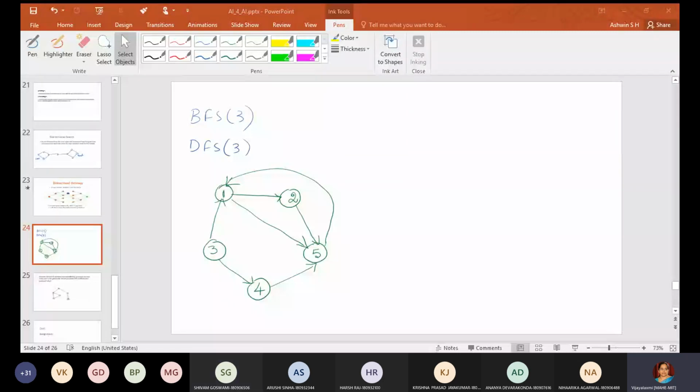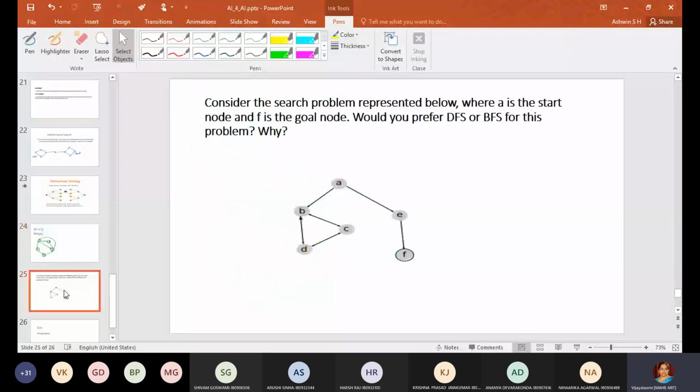Okay. One more problem I'll give you. Take down this also. This problem I got from a competitive exam. Consider the search problem represented below, where A is the start node and F is the goal node. Would you prefer DFS or BFS for this problem? Why? You have to justify, okay?